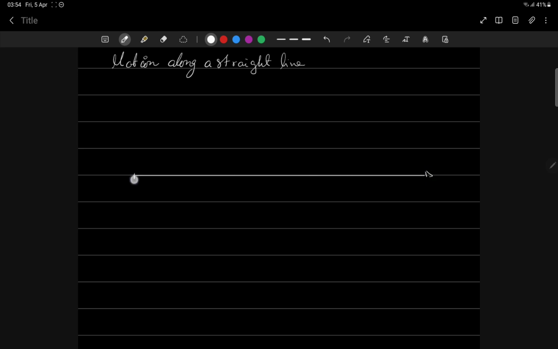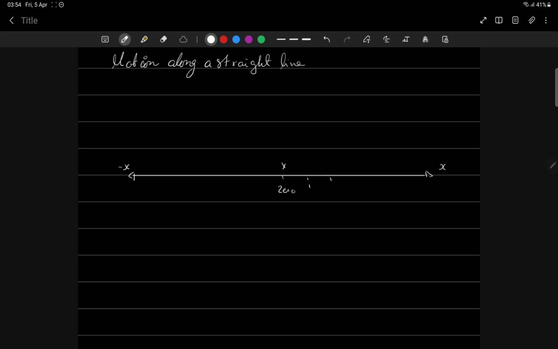If I have a particle, at the beginning of its movement, it was at this point here, then this point here will be 0. Here I will have x and negative x.